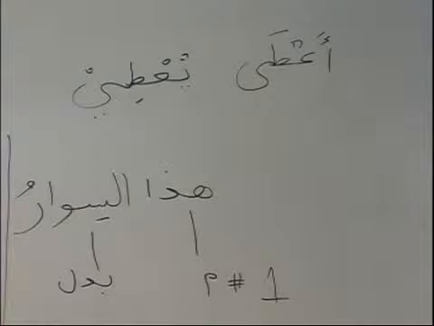Next one, ataya, and then atau, and then atat, and then tata, and then atayna. And then ataita, ataituma, ataitum, ataiti, ataituma, ataitunna, ataitu, I gave. Ataitu, ataina, we gave. Inna, ataina. See? Are you with me?